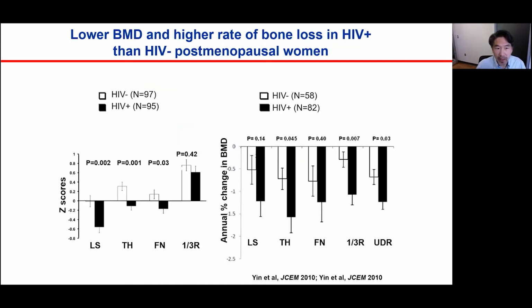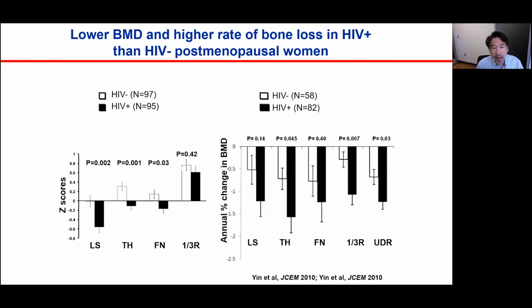Now, I began my interest in this field focusing on postmenopausal women. This is one of the earliest studies that we performed, looking at a cohort of HIV-positive and HIV-negative postmenopausal women from Columbia University that were matched for race and ethnicity.